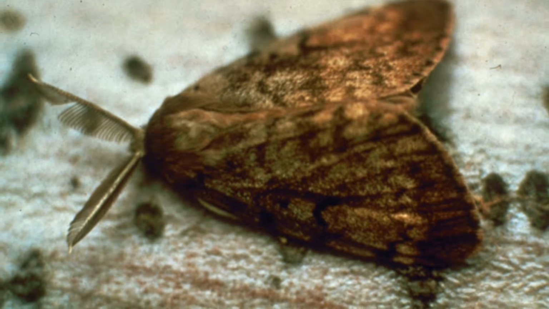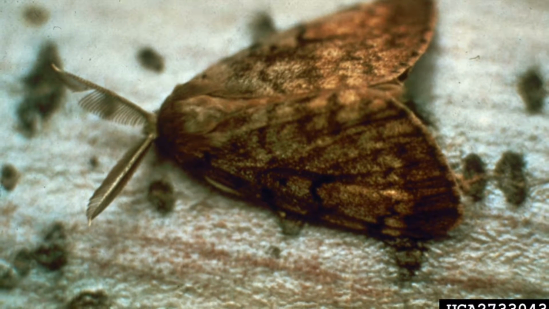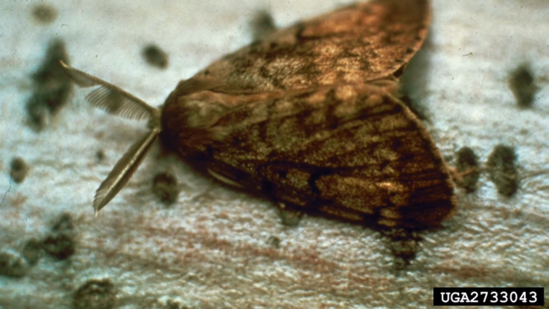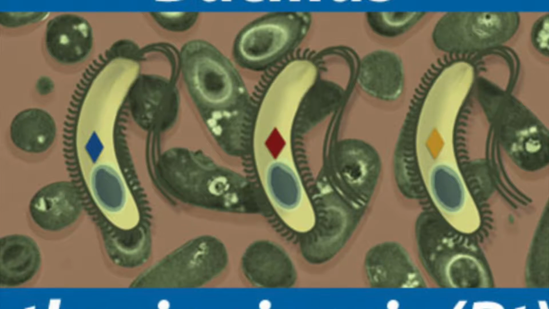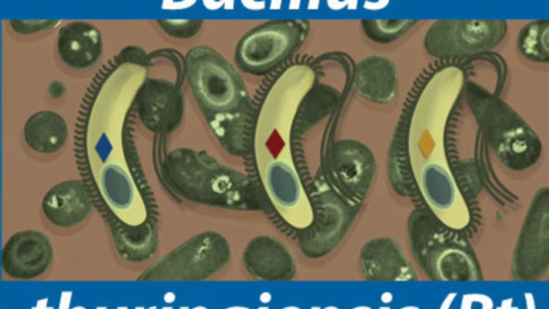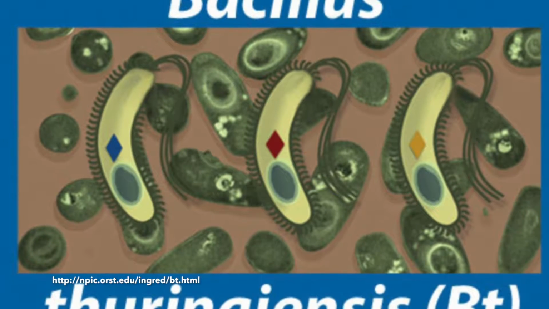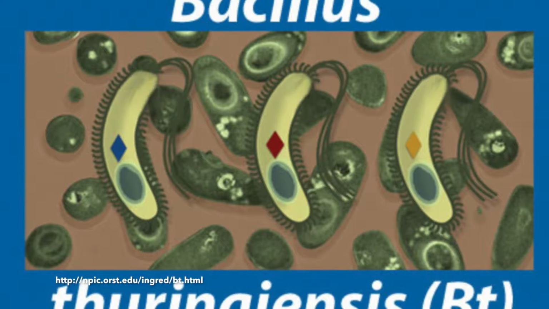When population densities are high, the safest and most effective tool for preventing widespread defoliation is aerial application of an insecticide derived from the naturally occurring bacterium Bacillus thuringiensis, commonly known as BT.